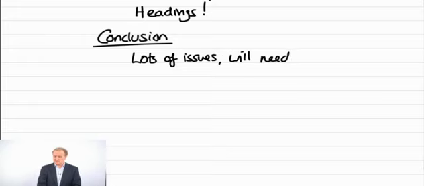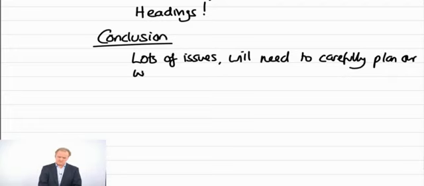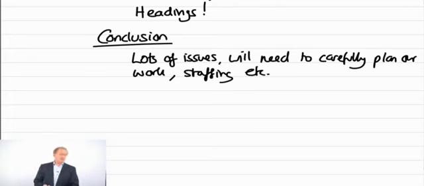We'll need to carefully plan our work, staffing, etc. of the audit. There we have it. 27 marks, 4 briefing notes, 4 marks for professional as well, all dealt with.